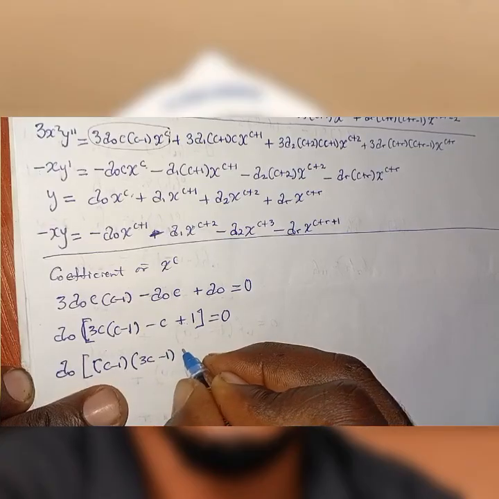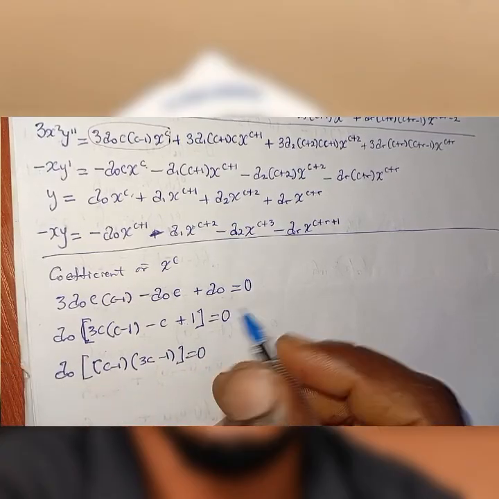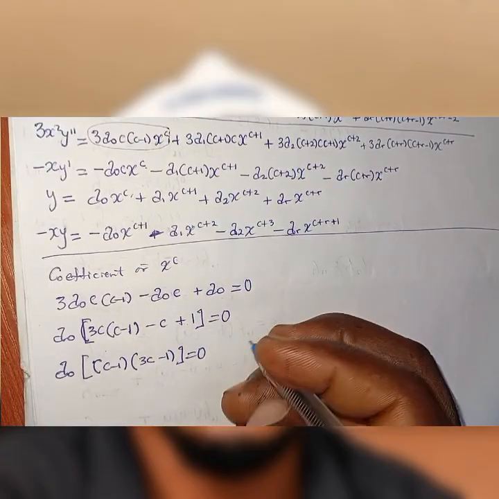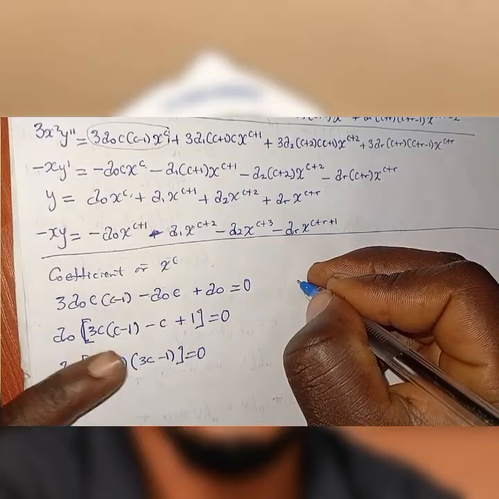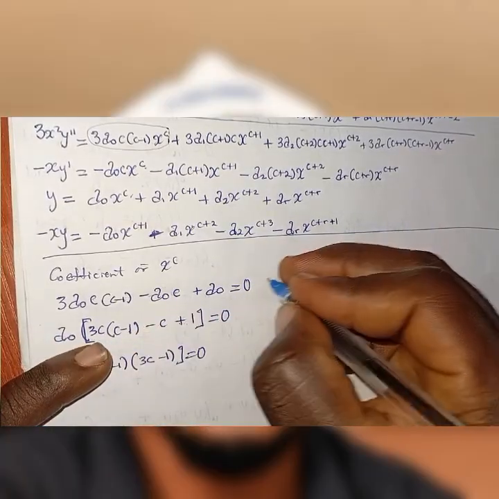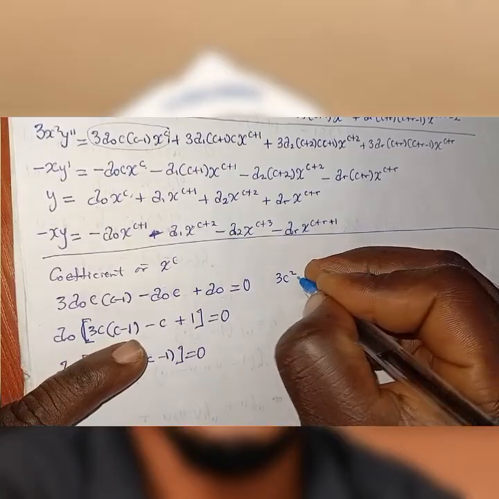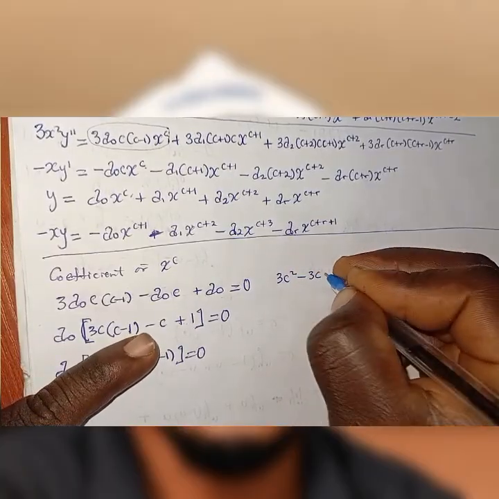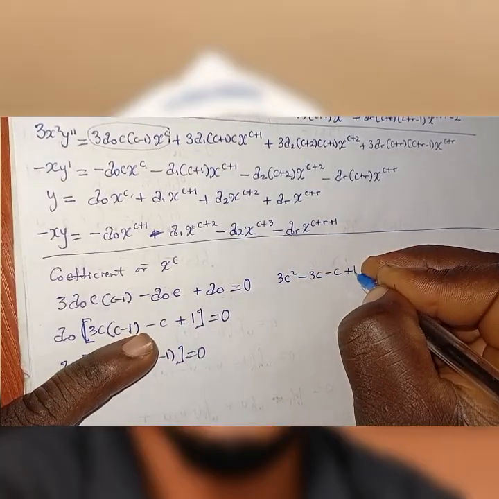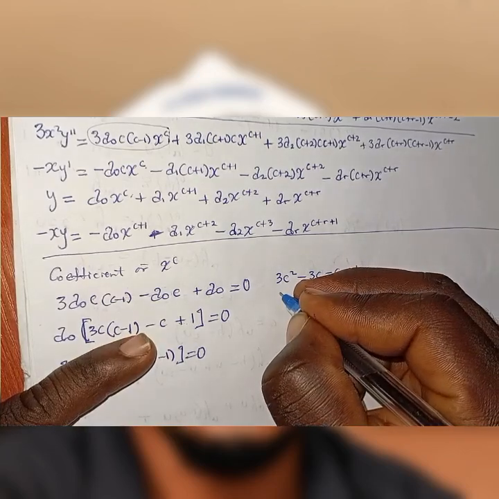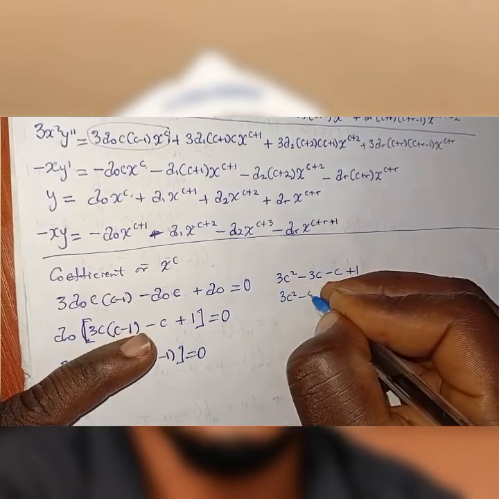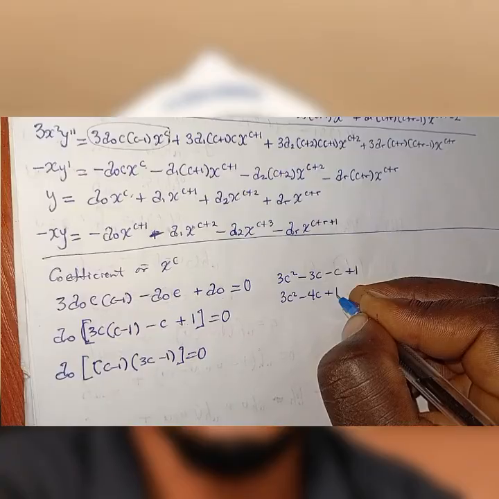Minus 1 equals to 0. Or we can do it this way. So we're going to have, let's open up the brackets. So we're going to have 3c squared minus 3c minus c plus 1. So which is going to give us 3c squared minus 4c plus 1.